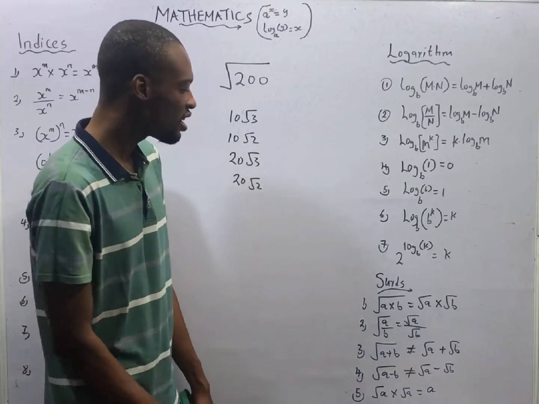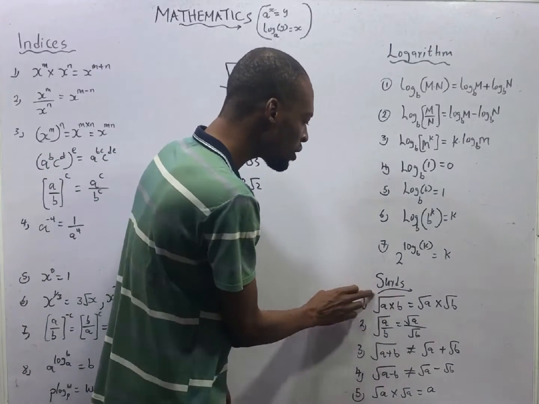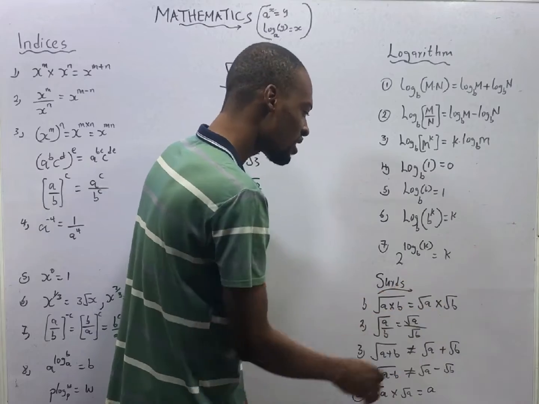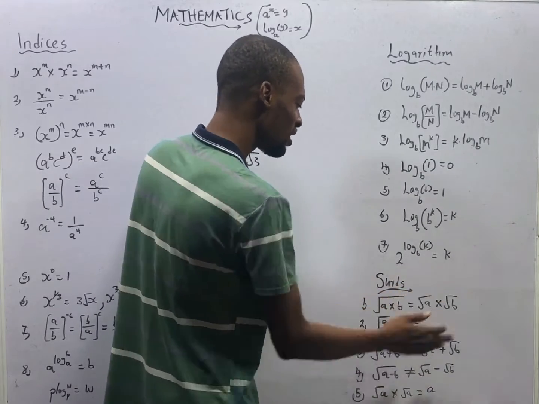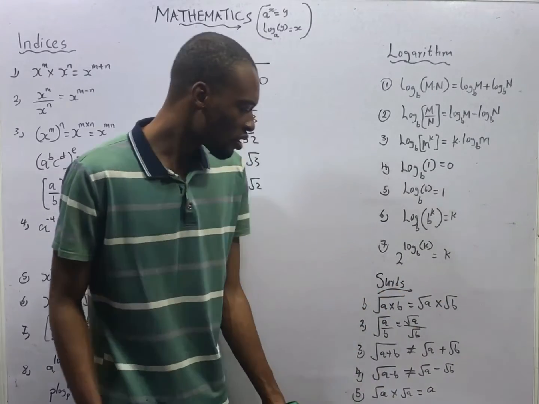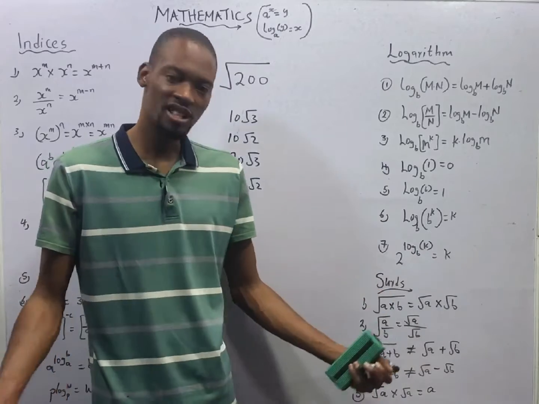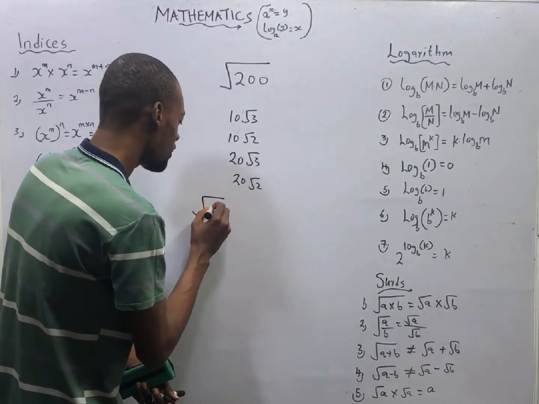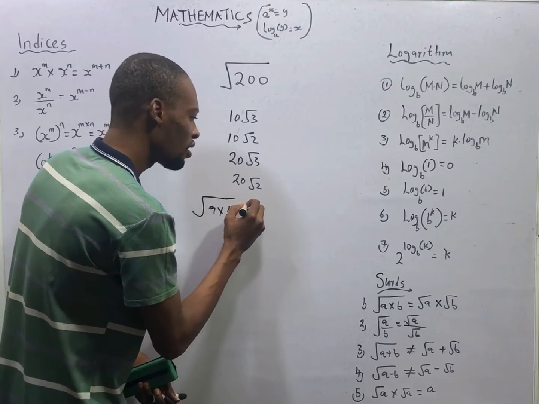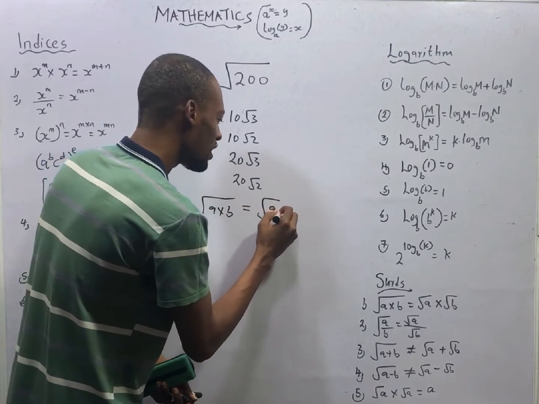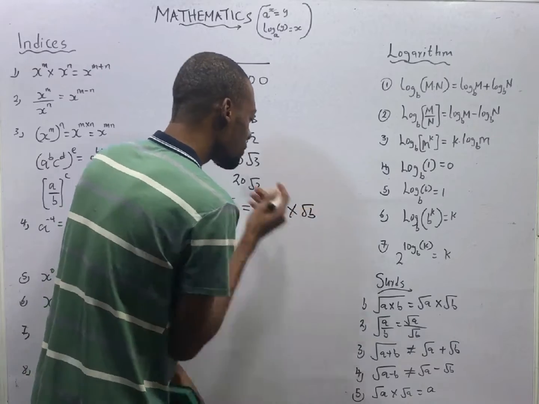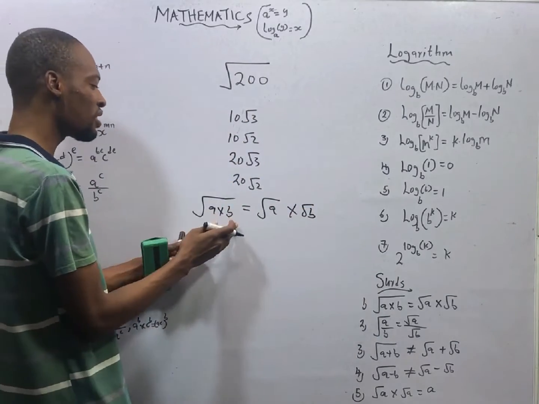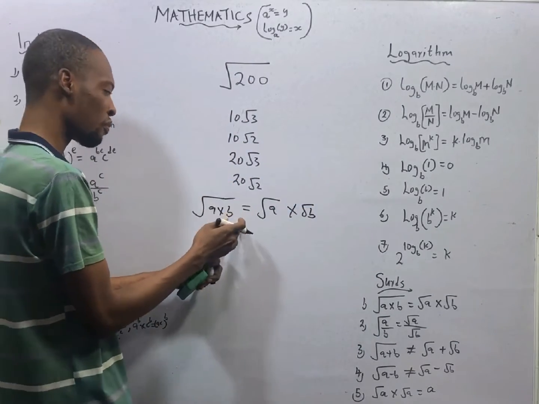Surds says if you have the square root of a times b, this is the same thing as the square root of a times the square root of b. We can use this knowledge to get something useful. If the square root of a times b equals the square root of a times the square root of b, a times b means a is a different number from b.